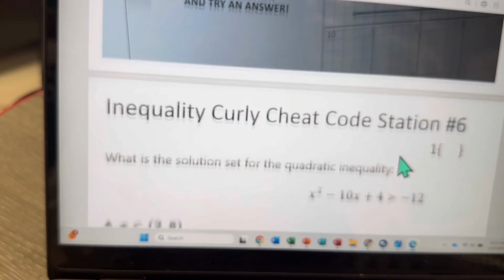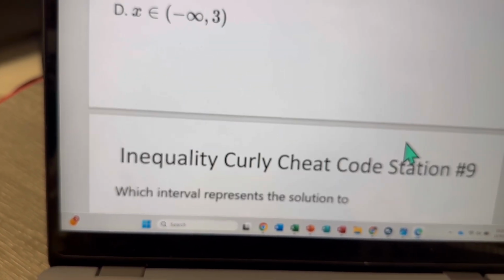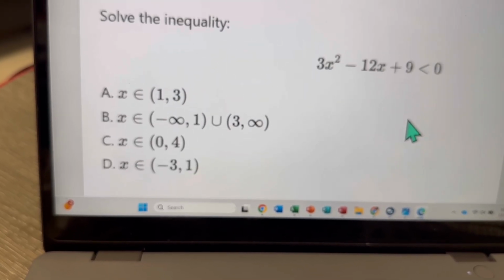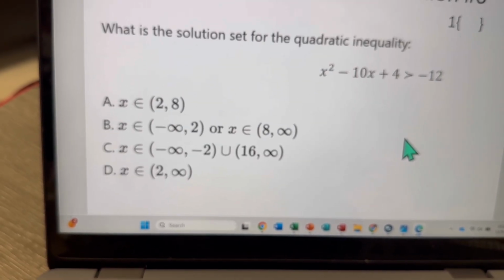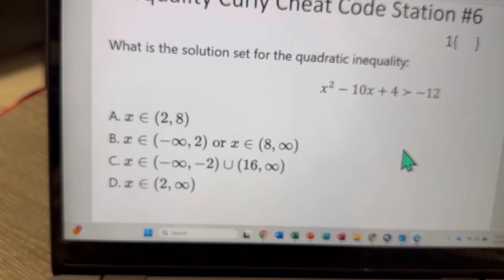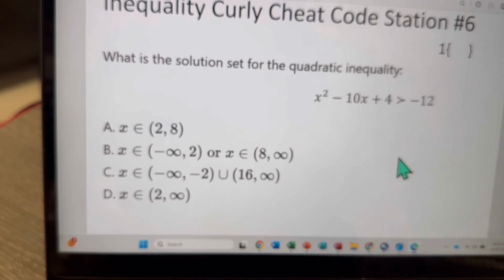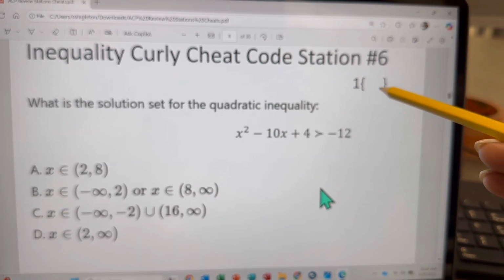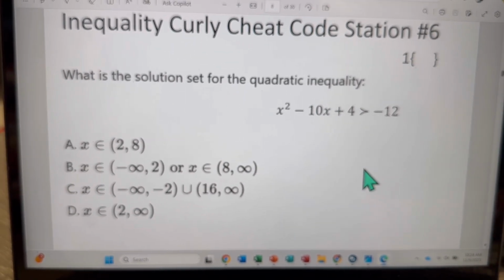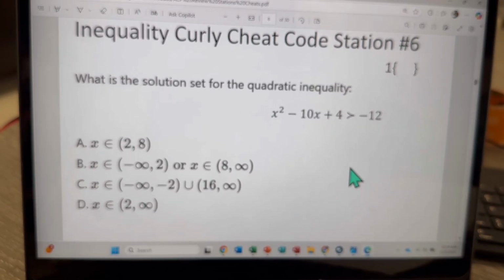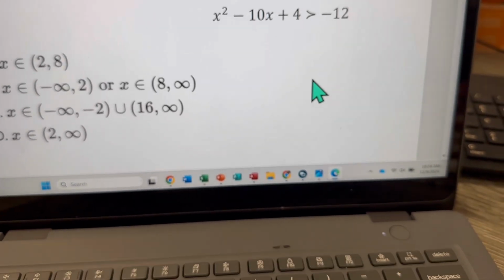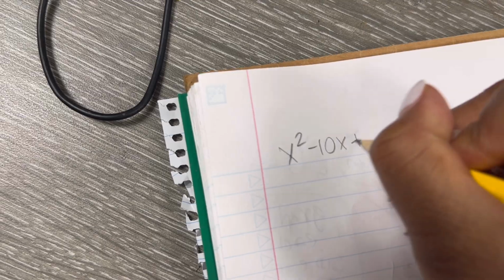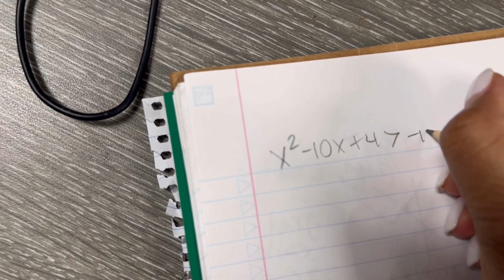Let's do another one. We'll do number 6. You're gonna graph this just how you see it with the cheat code. So let's write that down. X squared minus 10x plus 4 is greater than -12.